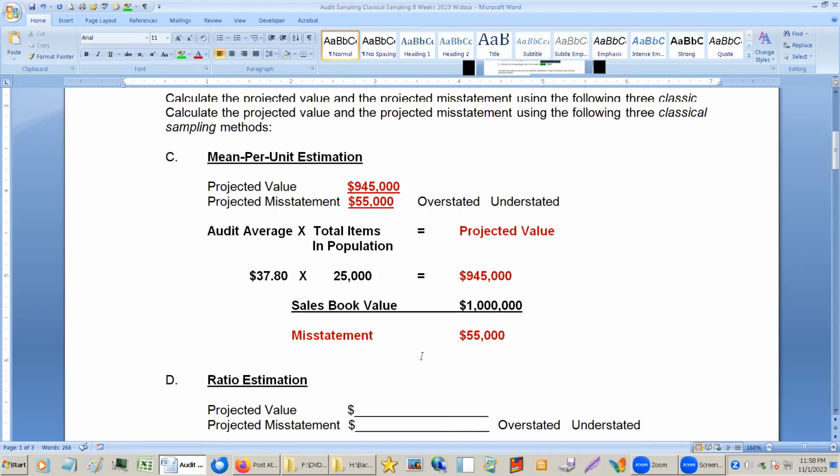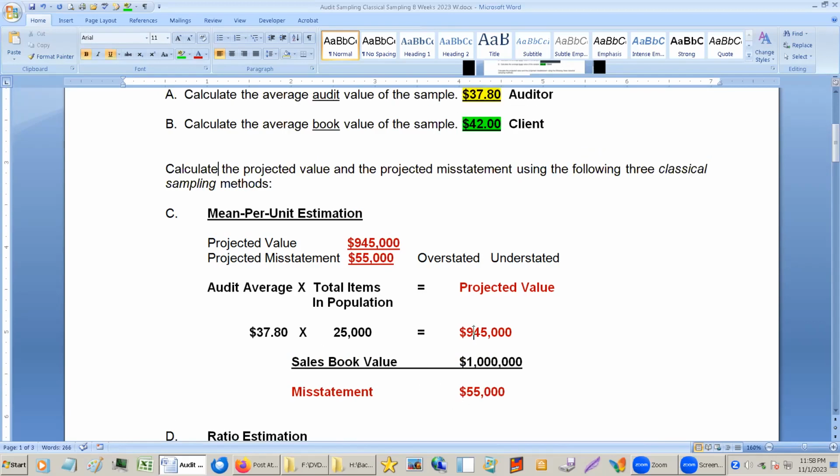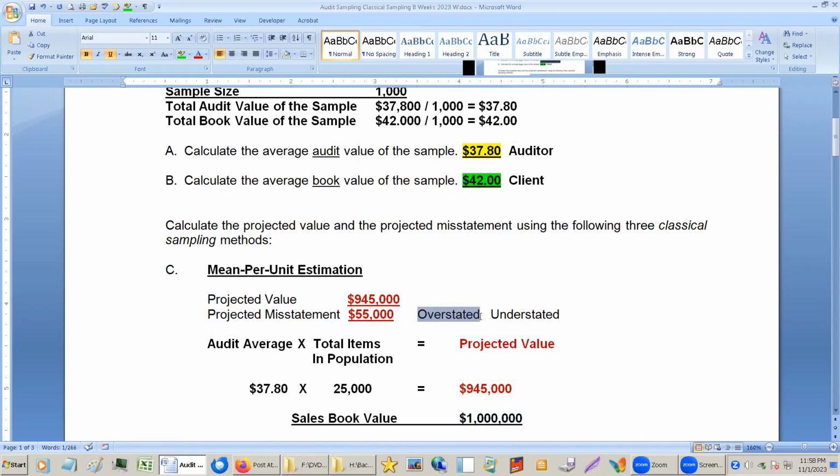We're saying their books are overstated. We're saying they should be worth 945,000. They're saying they're worth $1 million. So this is an overstatement of 55,000.